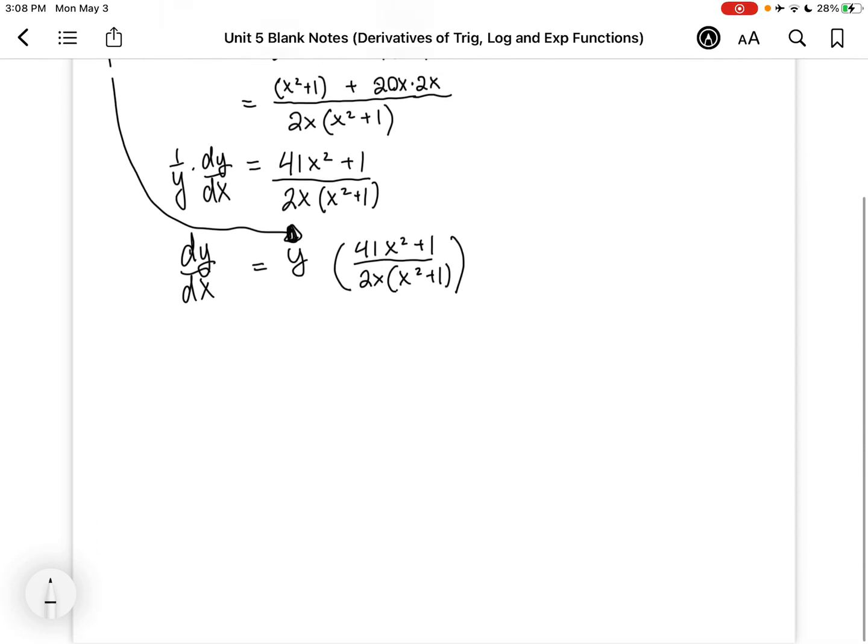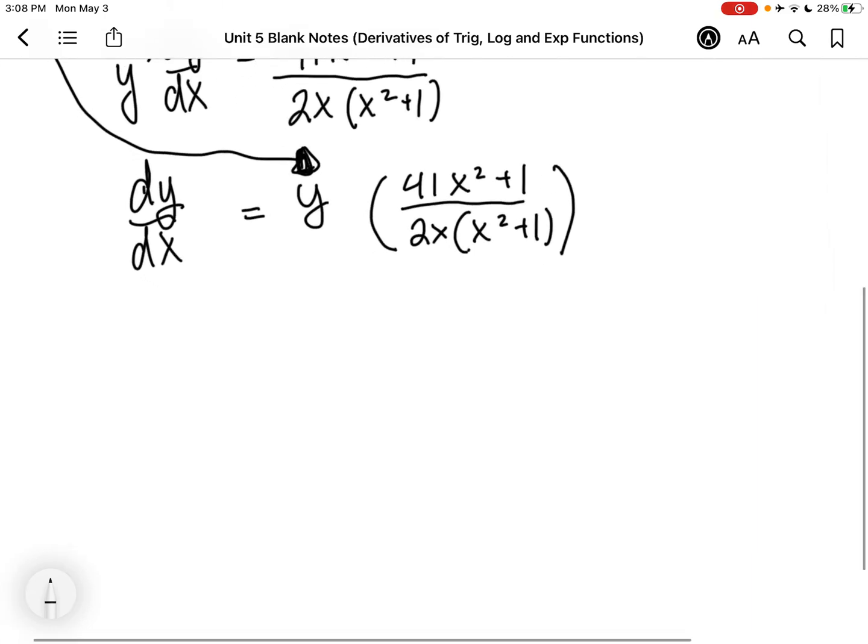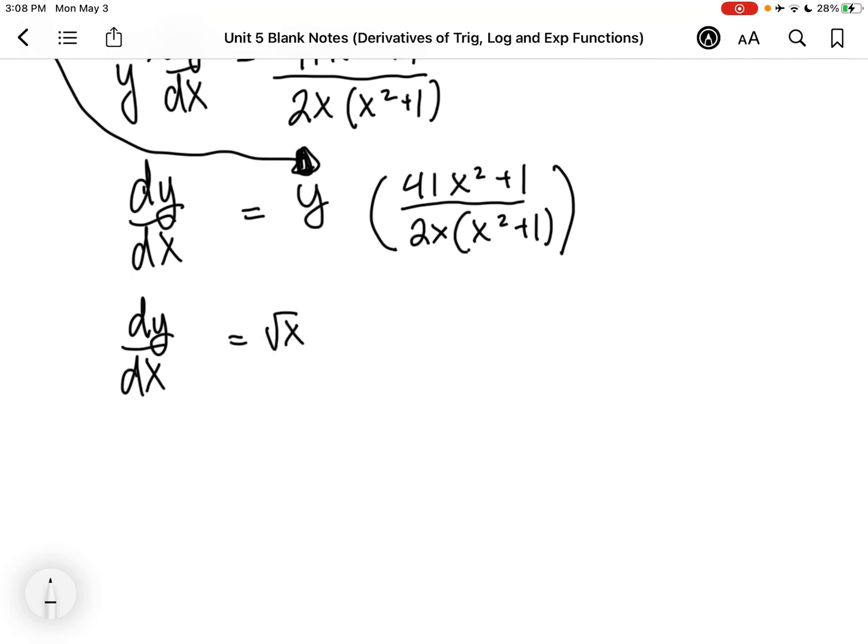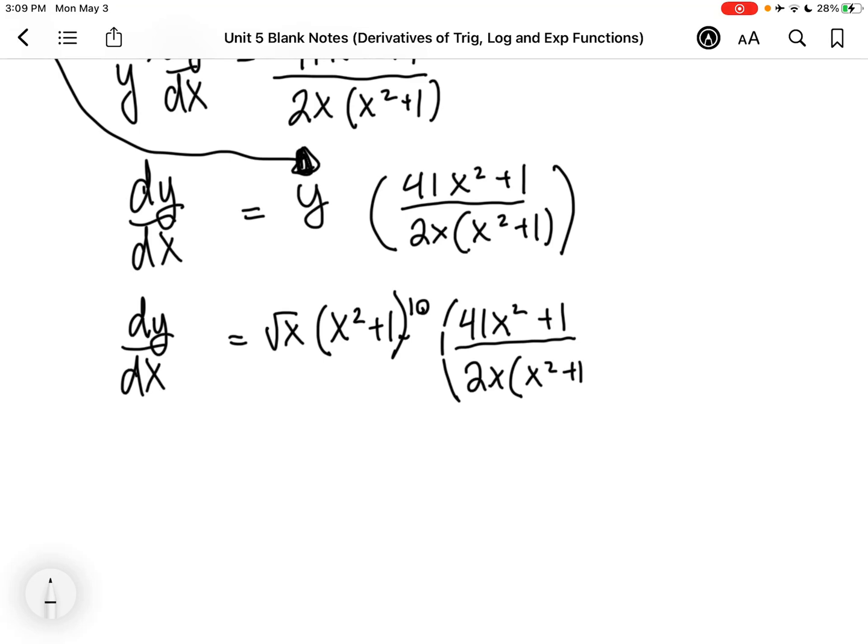Okay, so if I continue, dy dx equals the square root of x times x squared plus 1 to the 10 times 41x squared plus 1 over 2x times x squared plus 1.